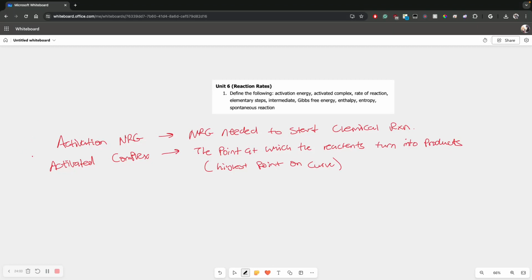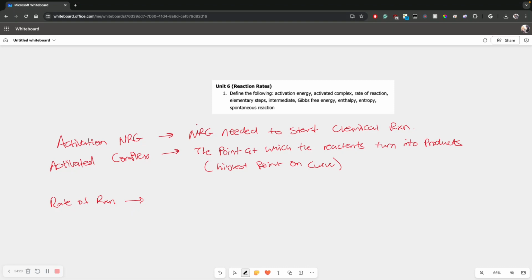Next up, we have the rate of reaction. And the rate of reaction is simple. It's a very simple concept. It's a measure of the change in the concentration of your disappearance and appearance.